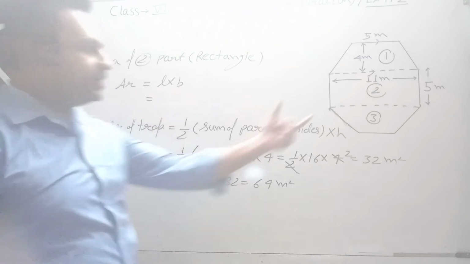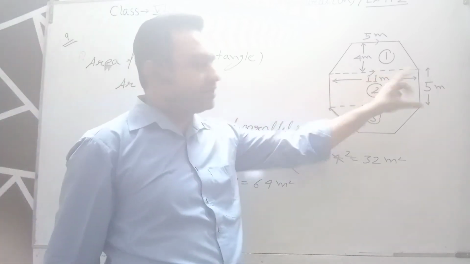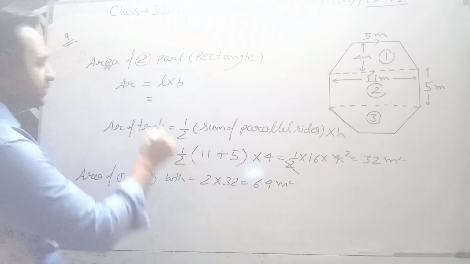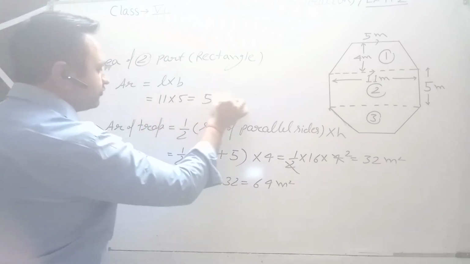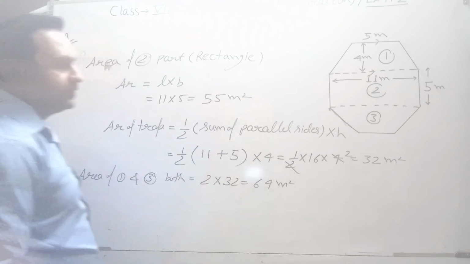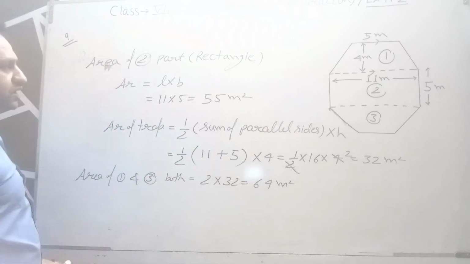So its length is 11 meter and the breadth is obviously 5 meter. So 11 multiply 5, it means 55 meter square. So it is the area of second part.